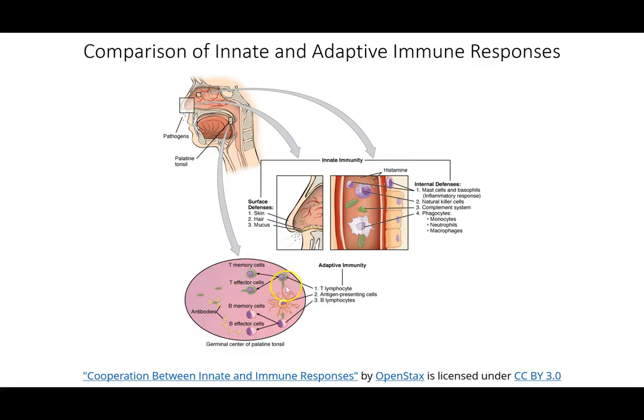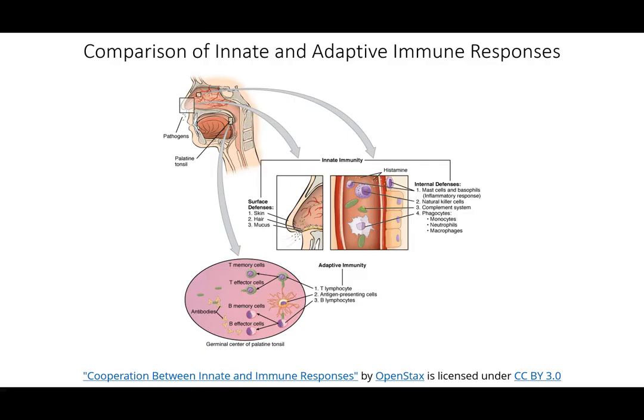These T cells are largely going to be the cells that are going after pathogens, actually killing them. Our antigen presenting cells, the name is pretty self-explanatory. They're going to take special molecules from the surface of a pathogen, which are basically like little name tags, little ID tags, and they're just going to hold them out to B and T cells and say, hey, this thing is here, do what you need to do with this.